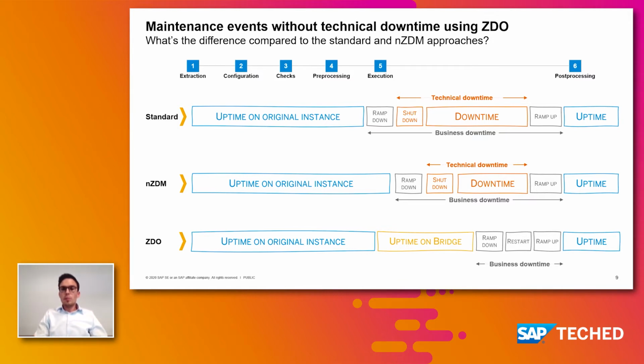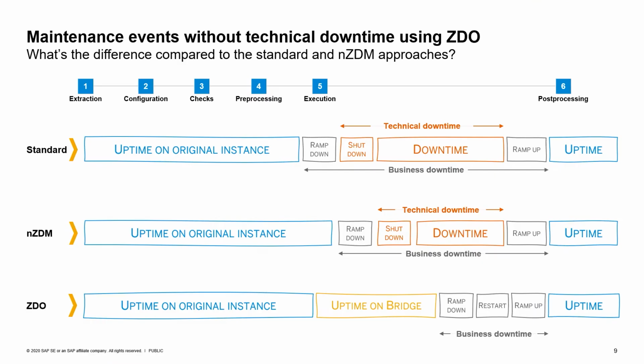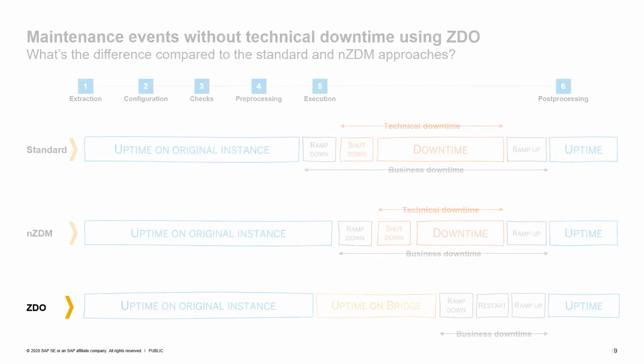The business downtime also includes the time when you ramp down the system and also later on when you ramp it up. You can see basically the technical downtime has been eliminated and replaced by the uptime on the bridge. Which means all former downtime activities are done during the uptime on the bridge.